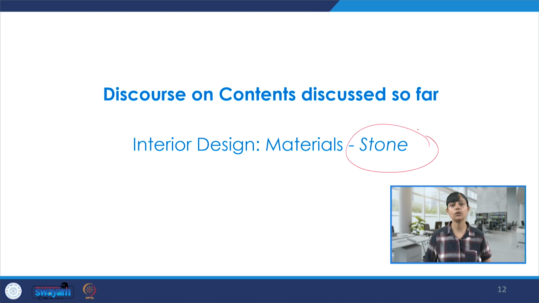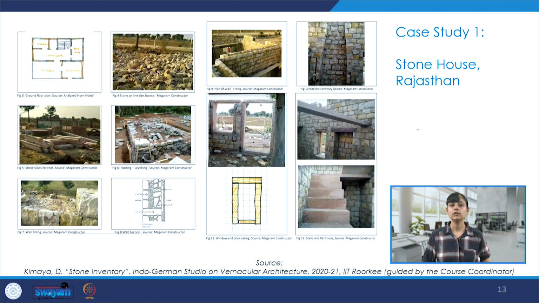Then we had a lot of discussion on stone, which is a very widely used material in most of the projects. And we saw some case studies. So there was this stone house in Rajasthan that we discussed very extensively. We discussed the origin of stone, the types of stone, certain properties, certain historical ways in which stone has been used.